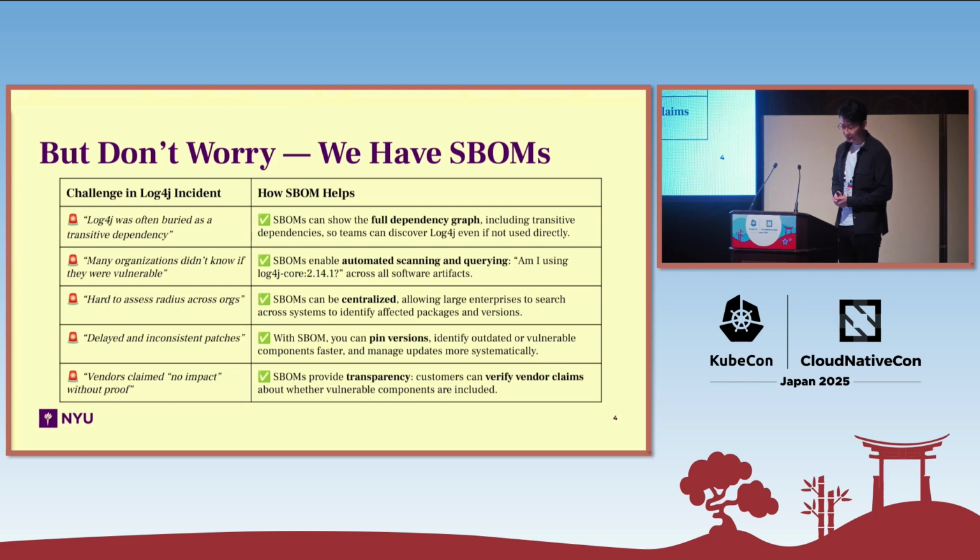And last, vendors often told customers, we're not affected, but had no proof. SBOMs bring transparency. If a vendor claims that they don't use Log4j, a visible SBOM allows customers to confirm that. It shifts trust from being implicit to being evident. So yes, SBOMs, when done right, can be a powerful foundation for incident response, vulnerability management, and accountability.